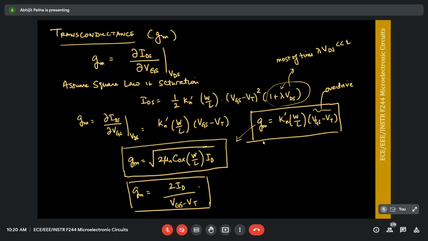Whether you pick one or the other depends on what ID you can tolerate. Say I gave you a power envelope, then that will give you a maximum ID, and from that you can back calculate. When you do more examples, you'll understand. Right now, I'm just giving you the different expressions. When you start doing design, you'll develop the intuition as to what to use where.